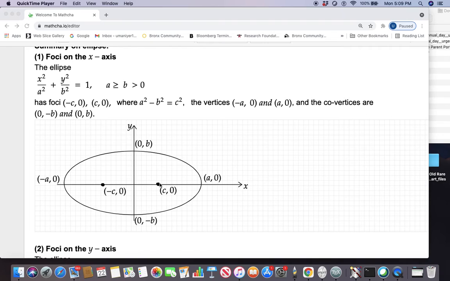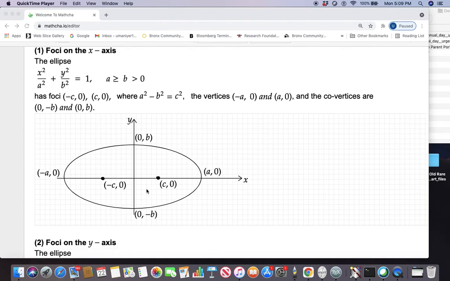If the two foci agree, that is, they meet here, they are one and the same point, then what you have is a circle. The major axis intercepts are called vertices, and the minor axis intercepts are called co-vertices. All right, this is when foci are on the x-axis.